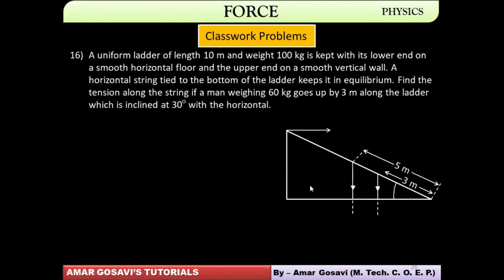You are supposed to find out the tension along the string if a man weighing 60 kg goes up by 3 meter along the ladder, which is inclined at 30 degrees with horizontal.